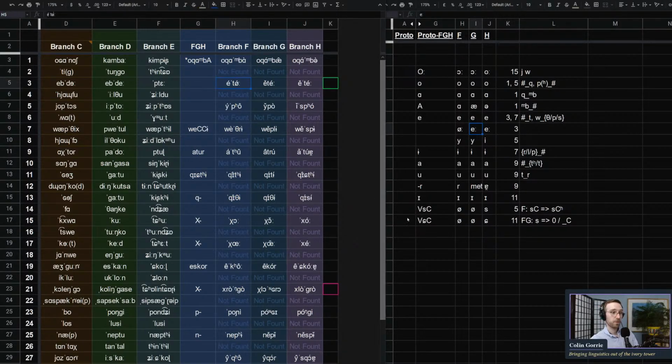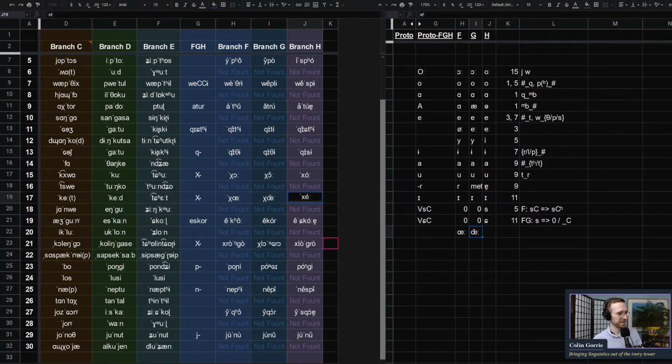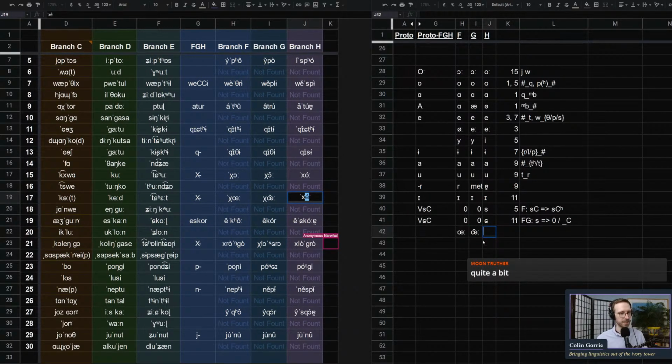Let's see if we can find any more. So we have here in 17, and I'm going to use zeros because I realize that our null symbol is actually the front rounded vowel symbol. Oops, I like to use the capital for that normally.